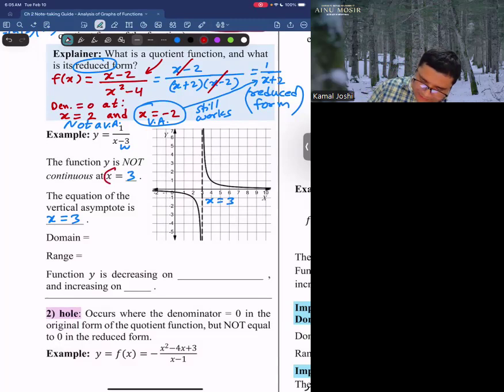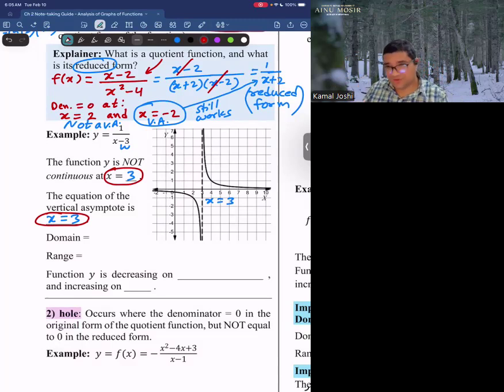When I write x equals 3 here, I mean when the x value is 3, you get the vertical asymptote. And when I write x equals 3 here, I am writing the equation of the asymptote itself, which is x equals 3.